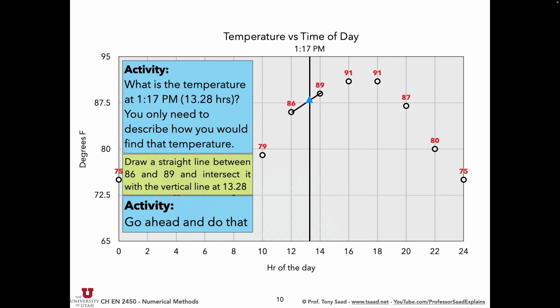So we wrote y equal 3 over 2 x plus B. Now, at x equal 12, y is equal what? 86. Therefore, 86 equals 3 over 2 times 12 plus B.